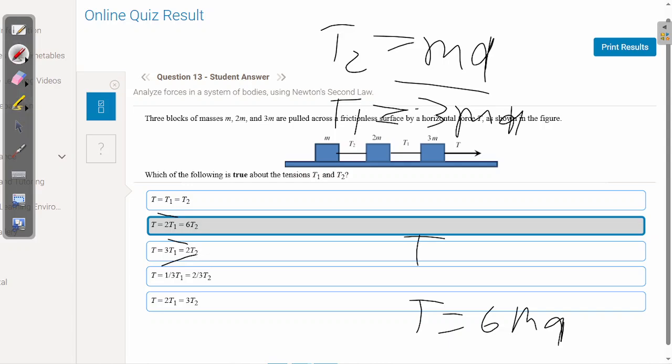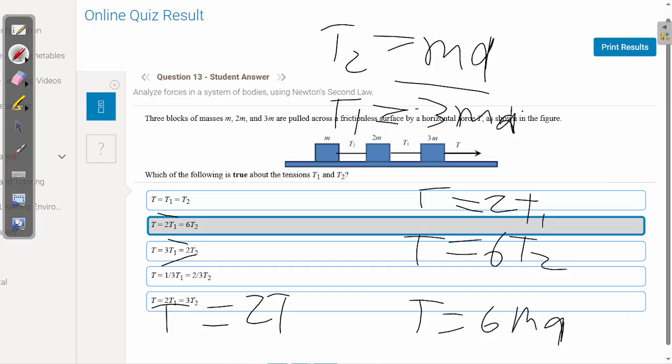So you can say that T is equal to 6 T2, and the same thing for T1. T is equal to 2 T1s, right? Because 3 times 2 is 6. Okay, so if you combine these all, it's gonna be T is equal to 2 T1 equals to 6 T2.